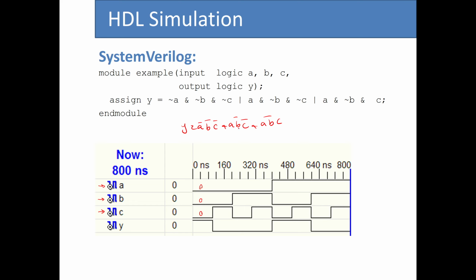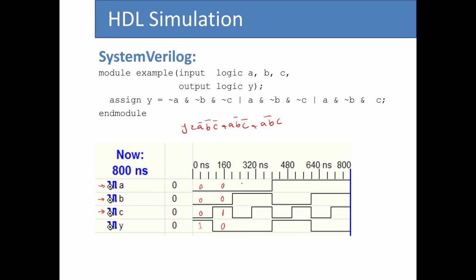So 1 or 0 is going to be 1. That's exactly what we have here for y. When a is 0, b is 0, and c is 1, in that case this function is 0. And that's what we have for the output y.